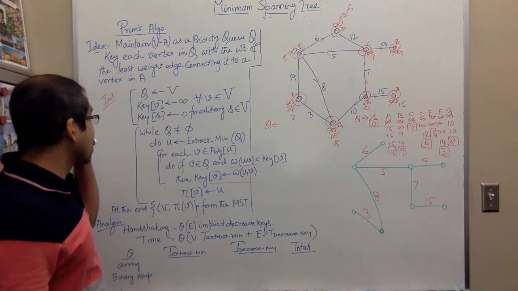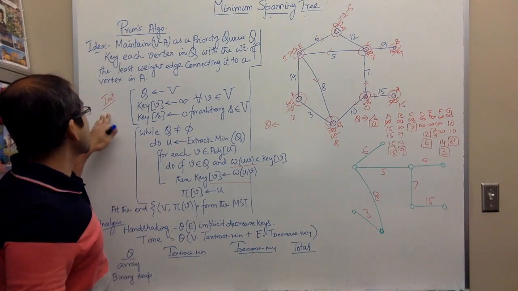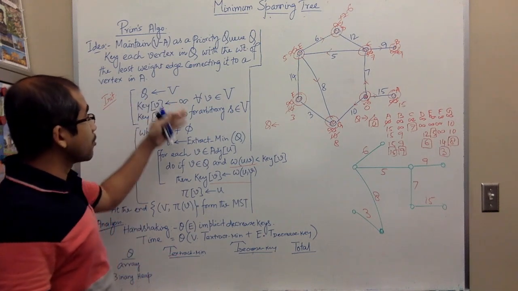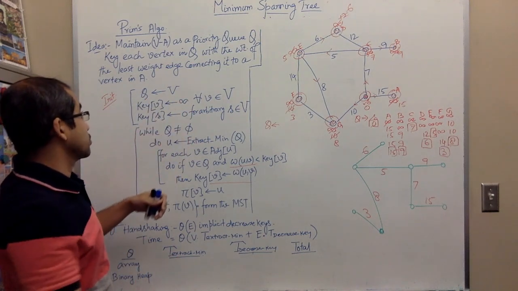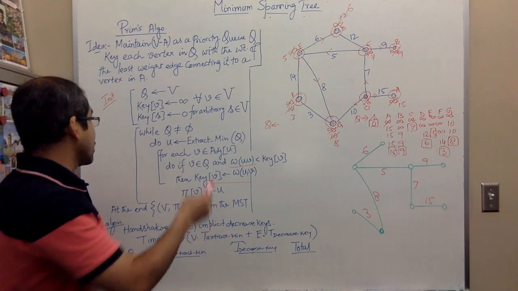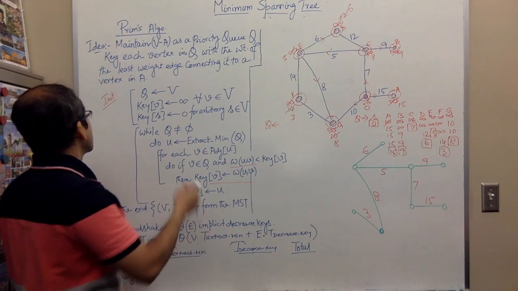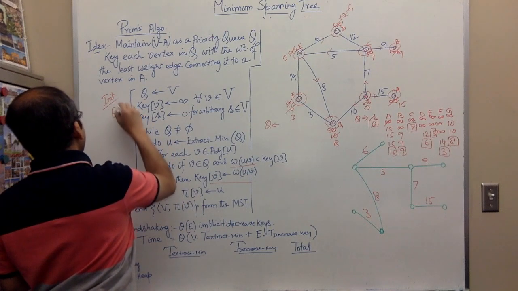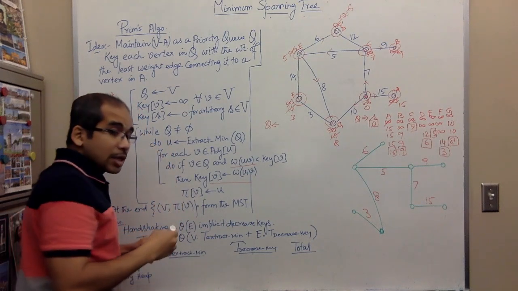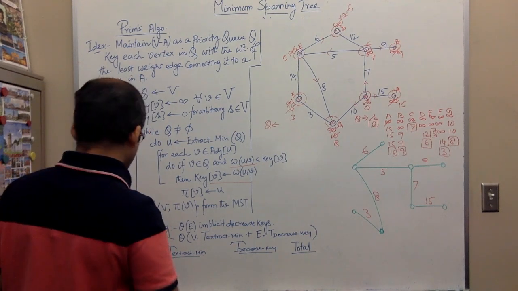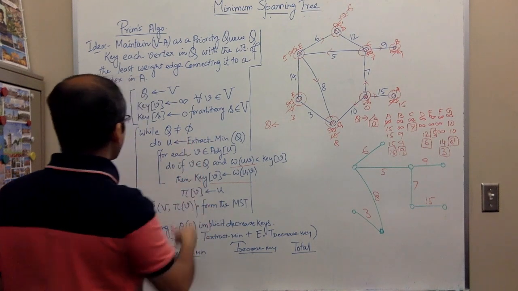So this algorithm, the pseudocode, if you see, this part is the initialization part. Initialization works for all the vertices. You see, initially all the vertices have to be set in the priority queue, then all the vertices have to be set to infinity value. So this part is like theta of V times, considering V is a large number, and then there will be this part, while Q not equal to phi.